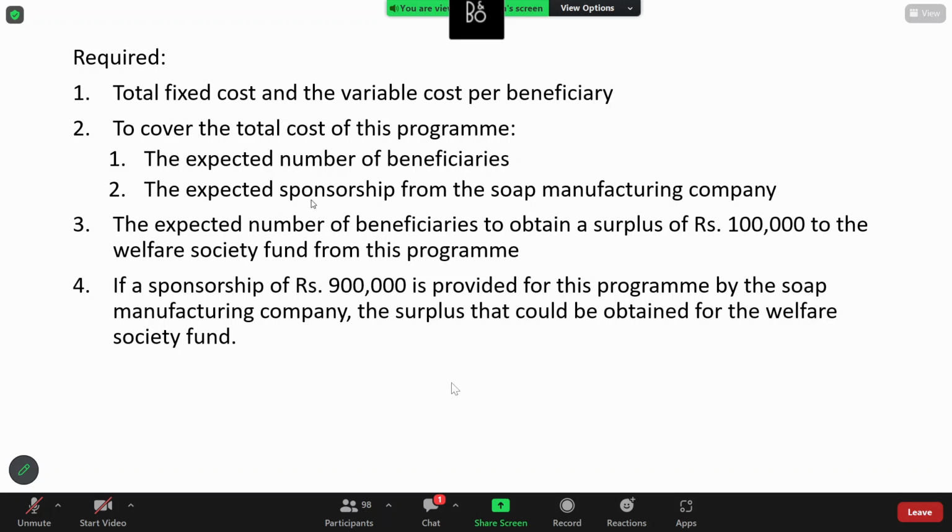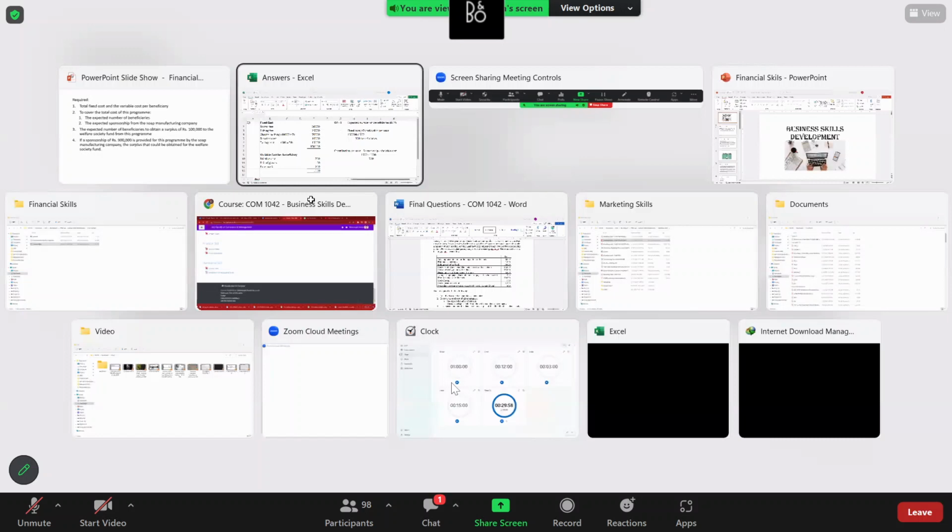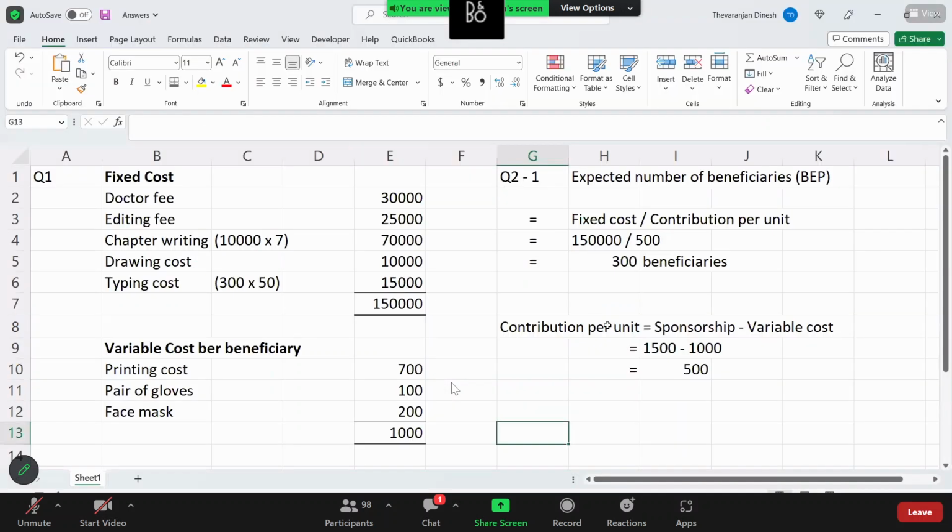So totally, what is the amount of sponsorship they have to give to cover up the total cost? That is very easy to calculate. You know that we must have 300 beneficiaries. So if there are 300 beneficiaries, what is the amount of sponsorship? That is the question.